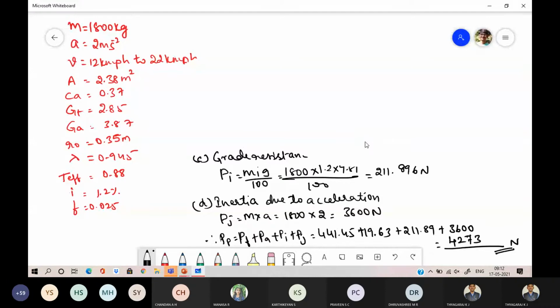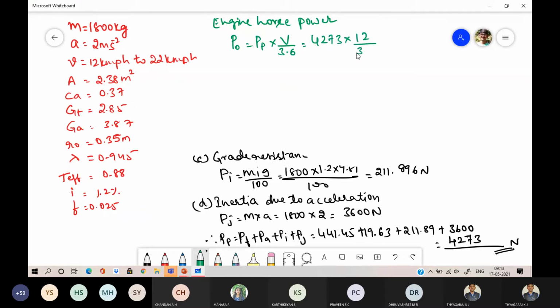speed. Okay. Next is the speed of engine, not speed, the engine horsepower. So P naught is equal to Pt into V divided by 3.6. Pt is 4273, V is 12.